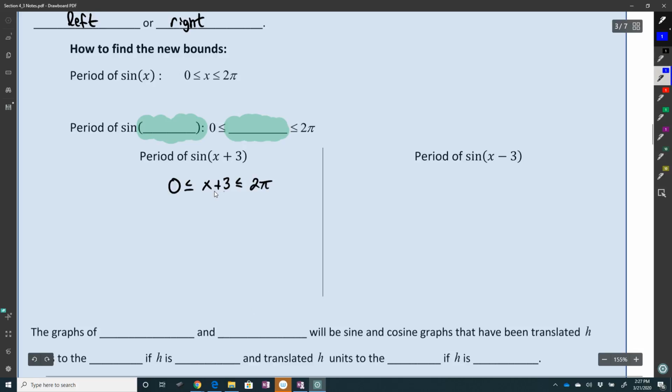Notice that when you had x plus 3, in order to fix it, you would subtract 3 from each side, and that gives you negative 3 less than or equal to x less than or equal to 2 pi minus 3. Notice that the inside was plus 3, but the behavior is that we shifted left 3.